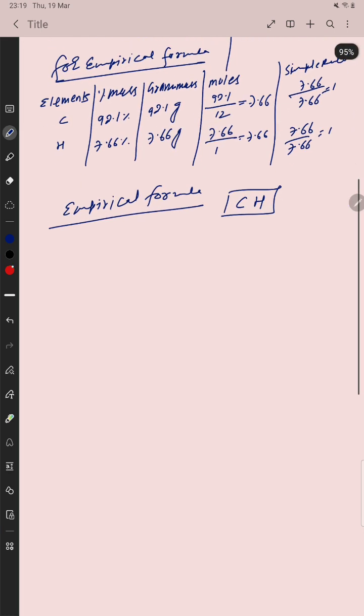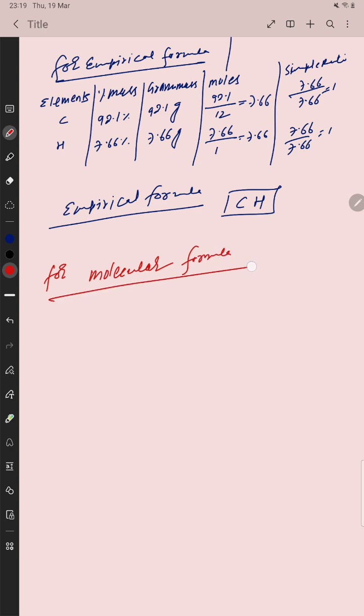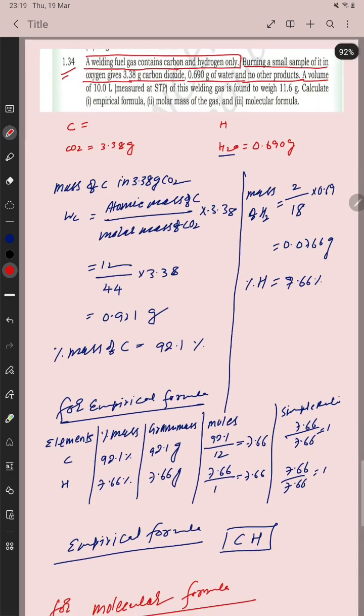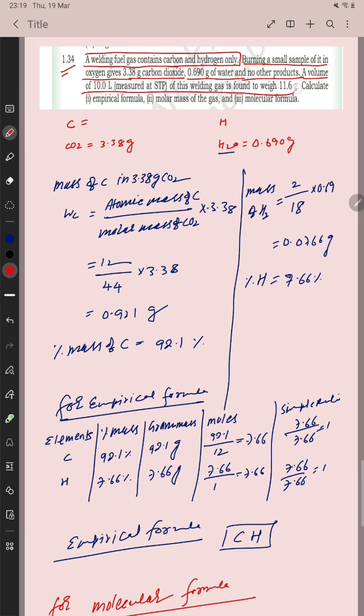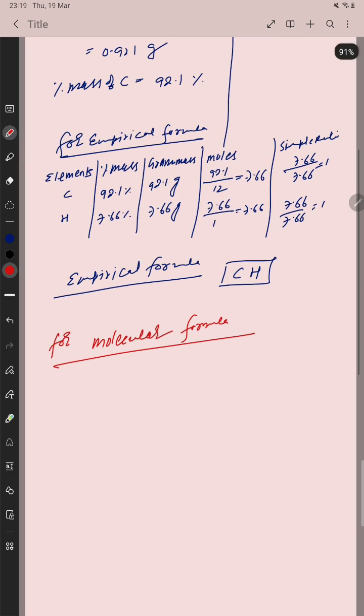Now for the molecular formula, what can we do, students? To calculate the molecular formula, they have given some data: 10 liter at STP is 11.6 gram.